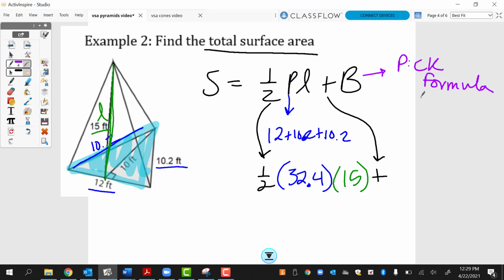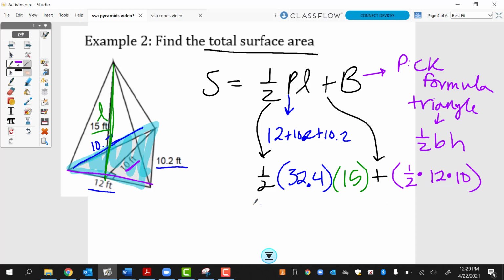Mine is a triangle. The formula for a triangle is 1/2 base times height. So I'm going to do 1/2 times the base of the triangle, 12, times the height of that triangle down there, which is 10.